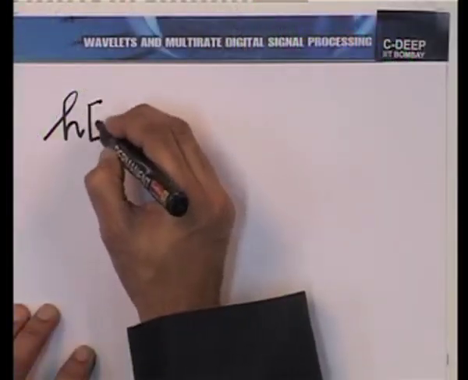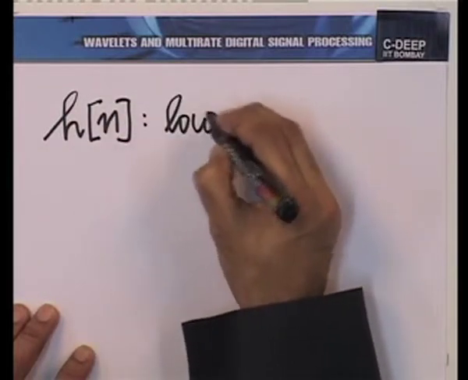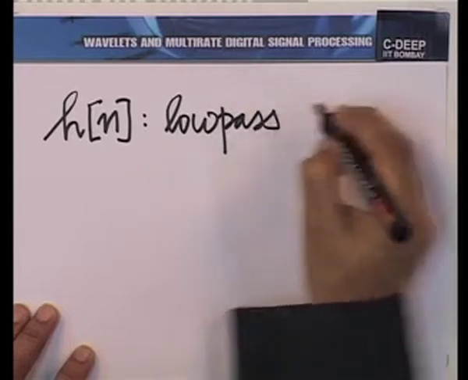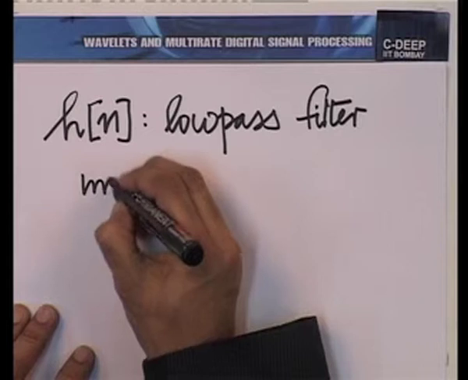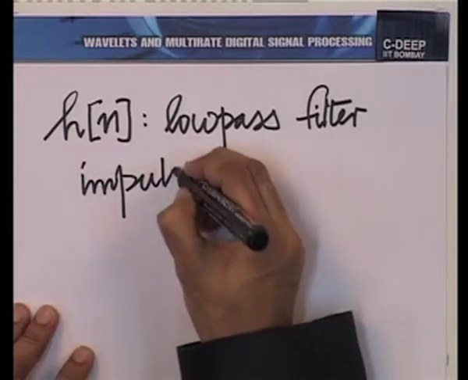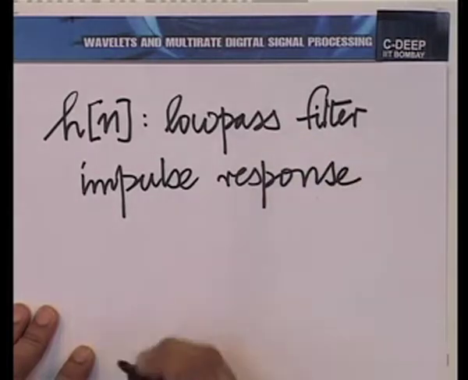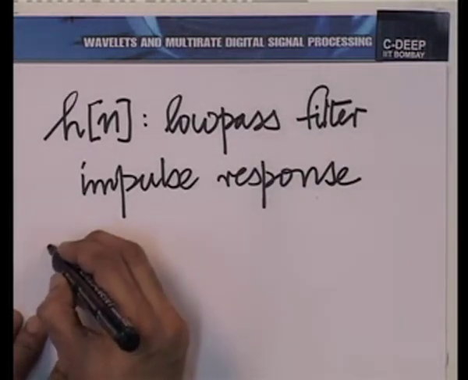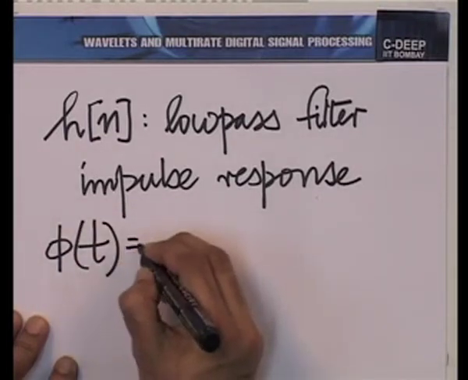In fact, if h[n] is the low pass filter impulse response, we had said that phi(t) obeys a dilation equation like this.